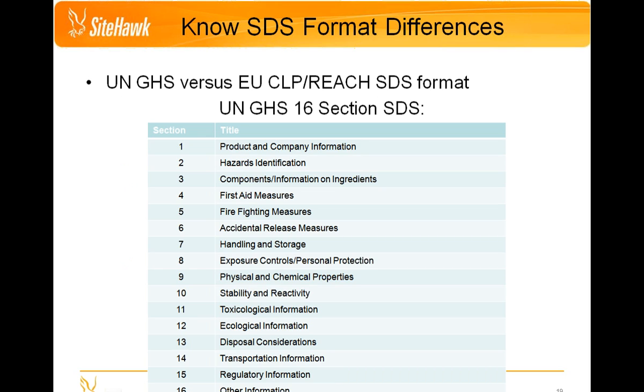All right, and so the next thing here is that countries may have their own safety data sheet format requirements. The EU CLP REACH safety data sheet format is actually slightly different than the GHS 16 section safety data sheet format. So here you can see on this slide we've represented the UN GHS 16 section safety data sheet in the specified order.